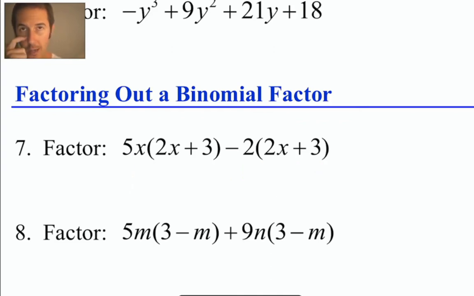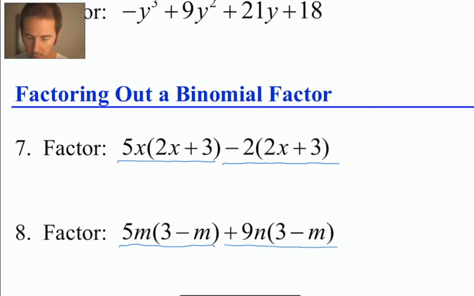When I go to identify my GCF, I'm looking at this term and this term, which are attached, so to speak, by subtraction. This term and this term are connected by addition. So terms can be, think of them as being connected or separated by either a plus or a minus sign.